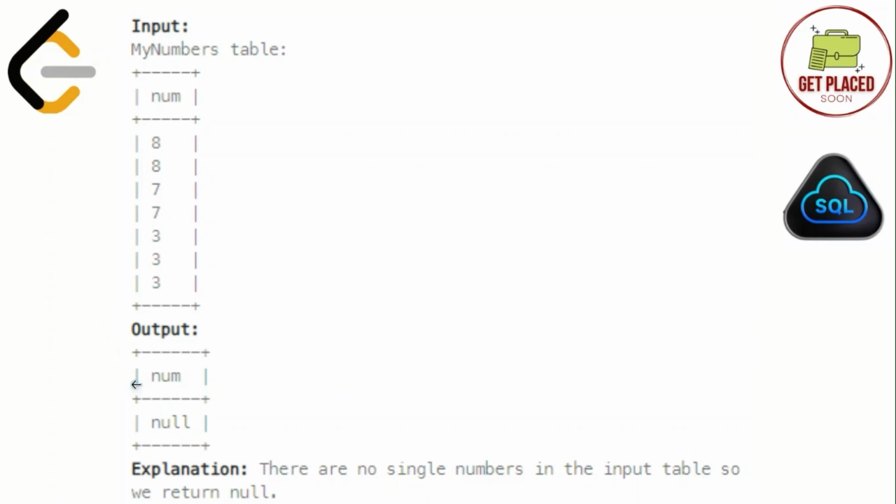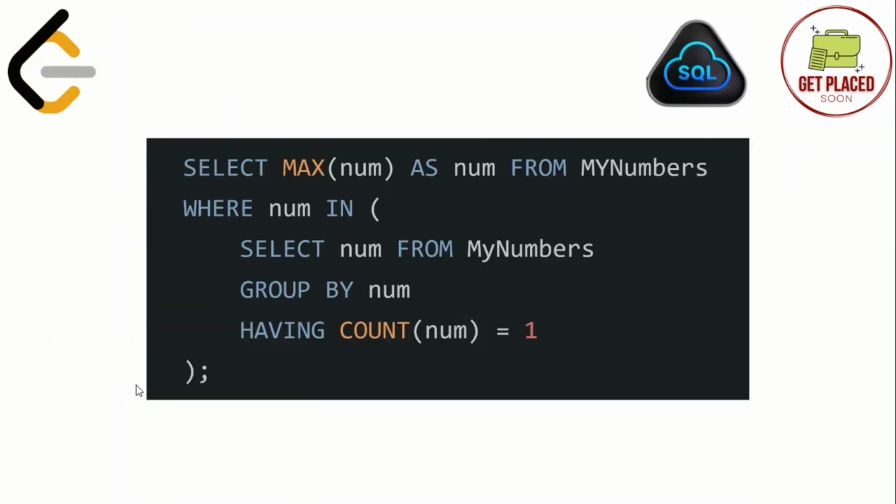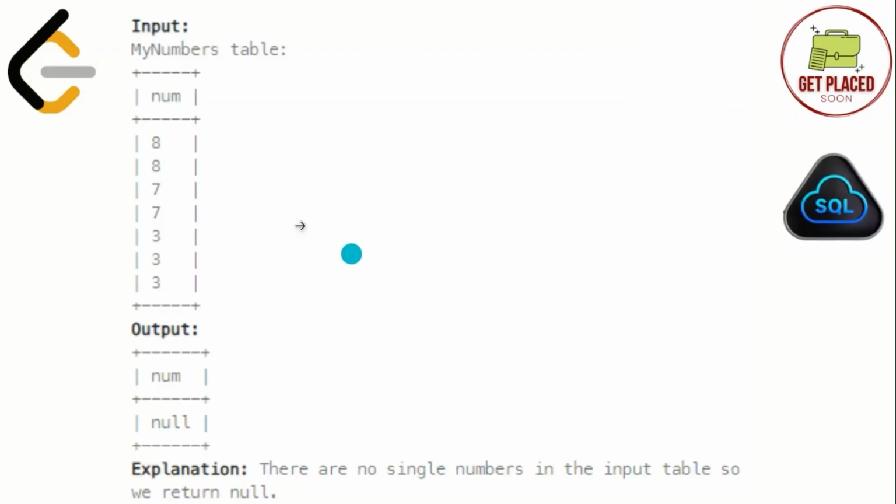Now let's see how to write SQL code for these types of problems. Here we are using a subquery. First, let's understand why we are writing a subquery. In the subquery, the first thing we are doing is grouping by number. When we group by number, duplicate values will be grouped together. So 8 two times will be grouped, 7 two times, 3 three times. So we will come to know how many times the same number is present.